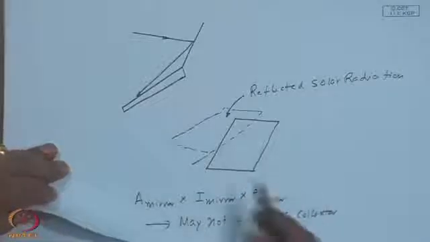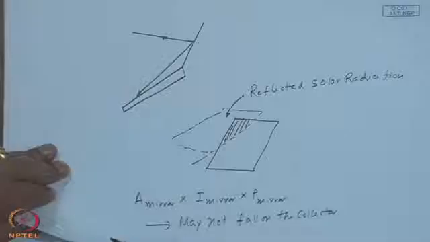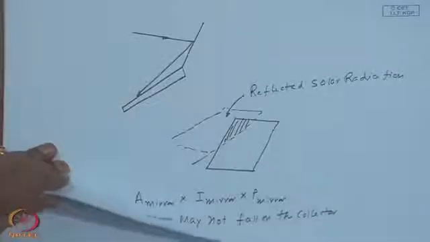In this case, this is the only area that is getting enhanced solar radiation because of the mirror's reflection. This in general may be considered as a beginning of concentration. In other words, we are trying to have a higher intensity of solar radiation on the collector surface by reflecting onto it from another area.